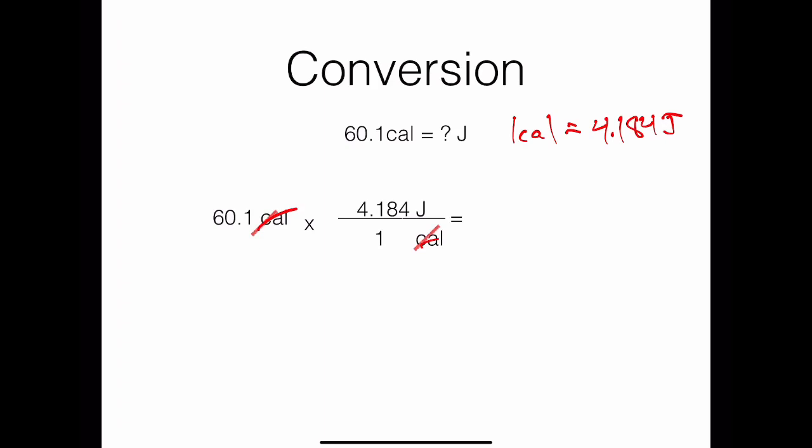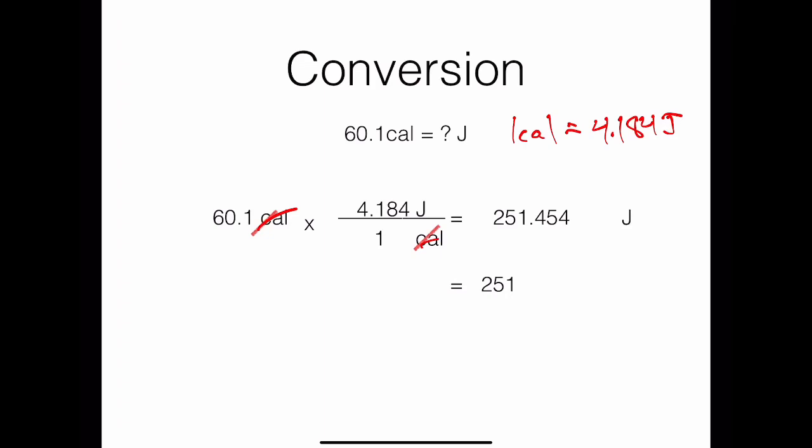So when we do this, this becomes multiplication. Remember, we can ignore any ones in dimensional analysis, and the numbers across the top are 60.1 and 4.184. When we multiply those together, we get 251.454. Numbers mean nothing without their units, so we have to put a unit on the end here, and that unit is joules. But we have to observe sig figs here as well.